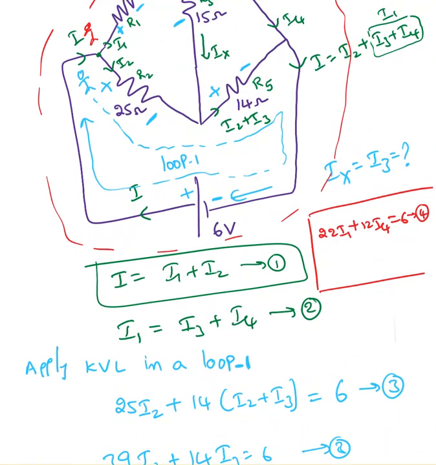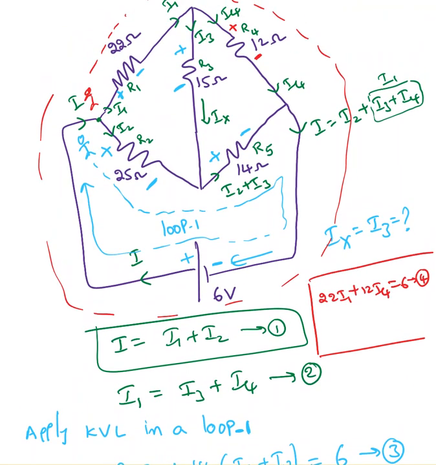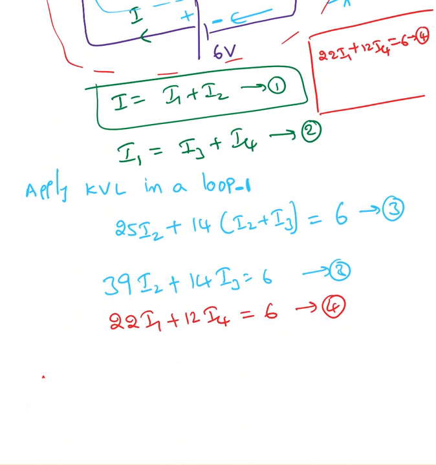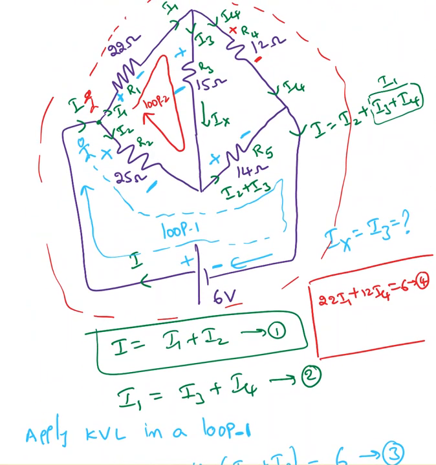Now I have 4 equations. I need one more equation. It's up to you, you can follow any path. Now I'm going to follow this path. Let me call this loop 2. Apply KVL in loop 2. So here this is a voltage drop, which is 22 times I1, and a voltage drop, which is 15 times I3.